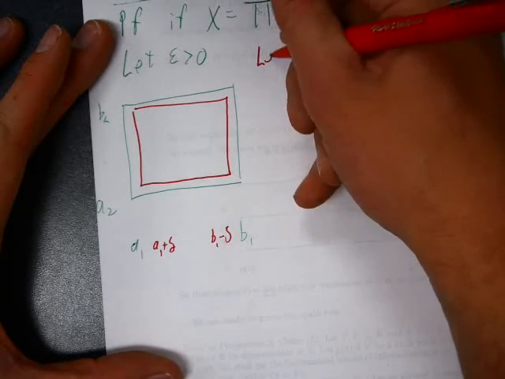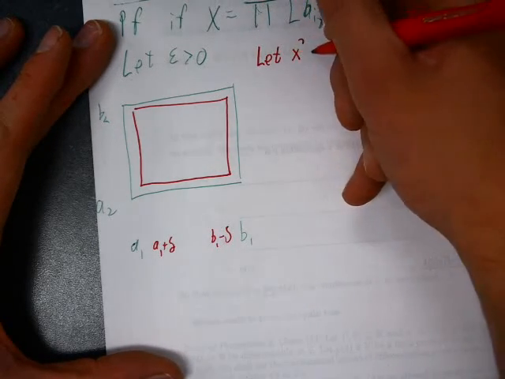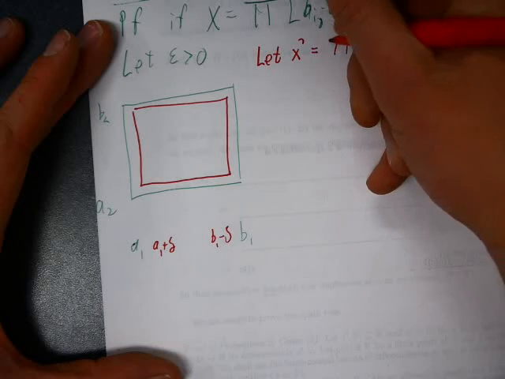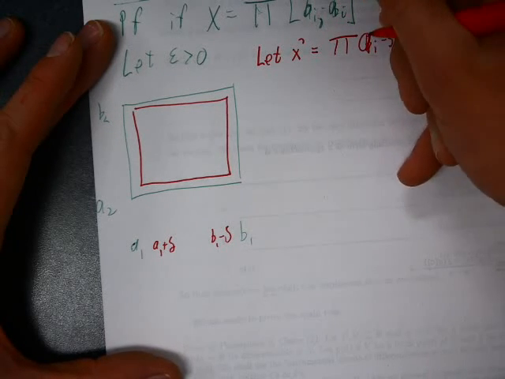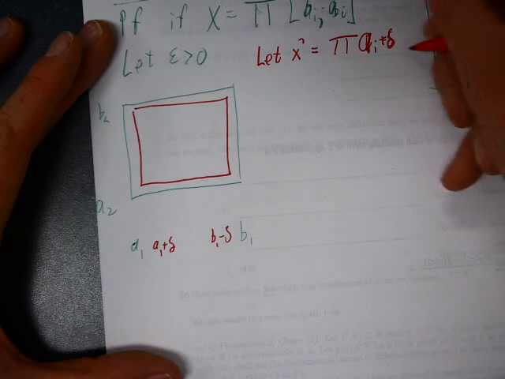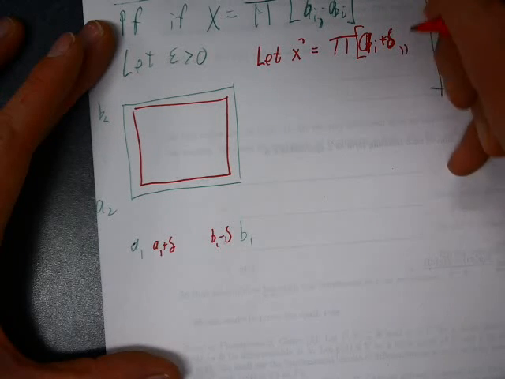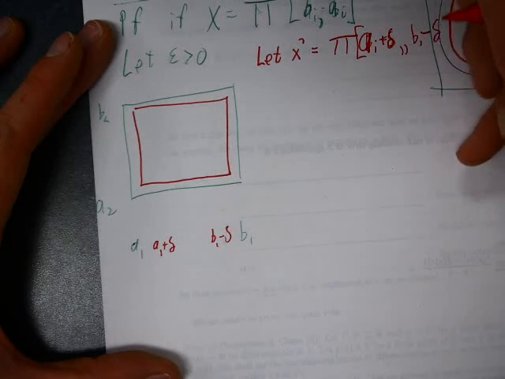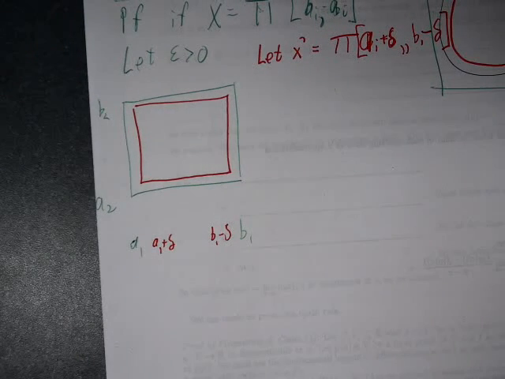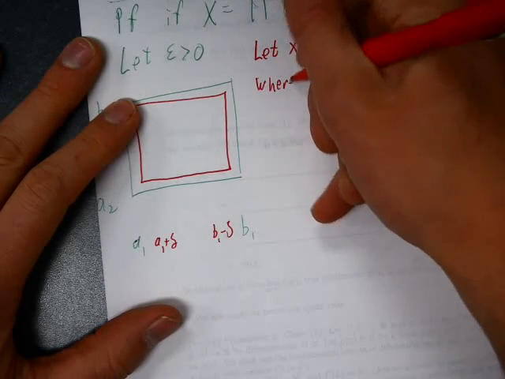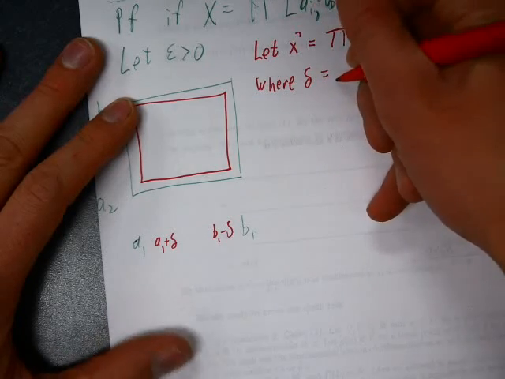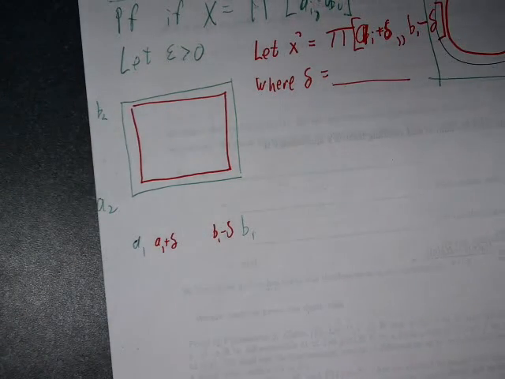So let's let X prime be the product of a bunch of [a_i plus delta, b_i minus delta], where I get to choose what delta is, right? Well, delta is something that I get.